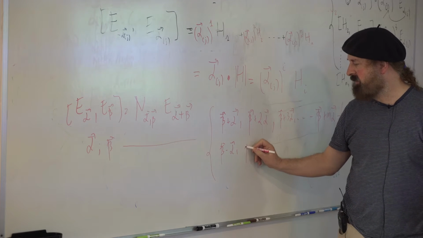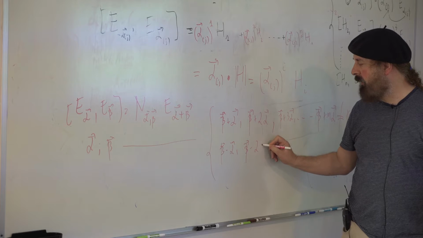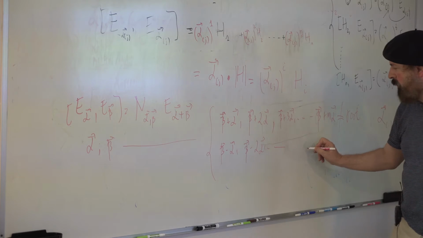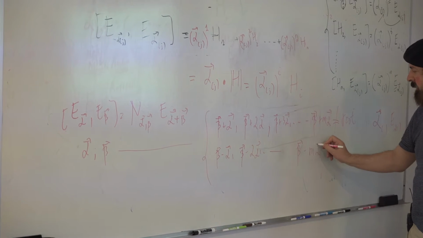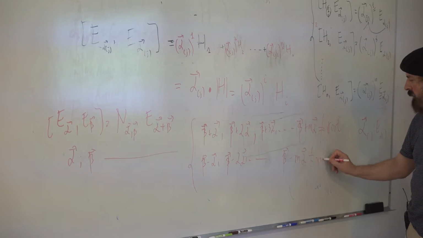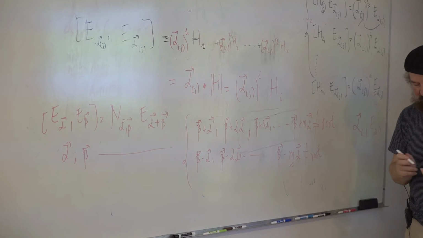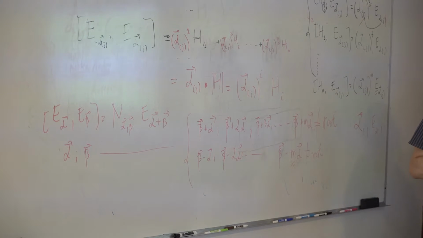Eventually you reach a point where beta minus m alpha is not a root, and when you reach this point, you'll be able to read what the value m is.